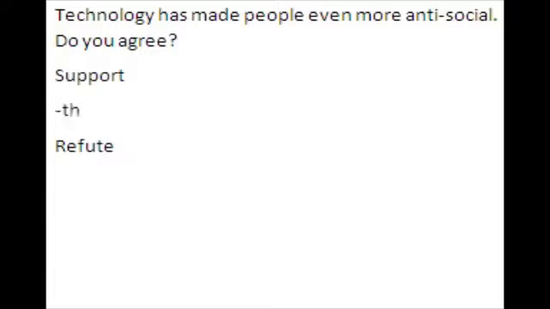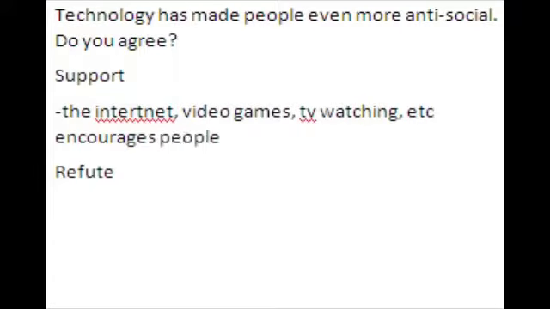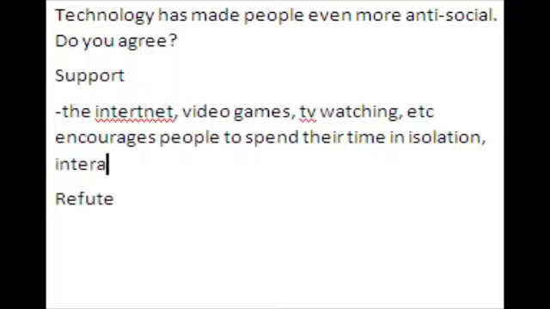So perhaps we could say the internet, video games, TV watching, etc., encourages people to spend their time in isolation. In isolation being alone. To spend their time in isolation interacting with a machine.